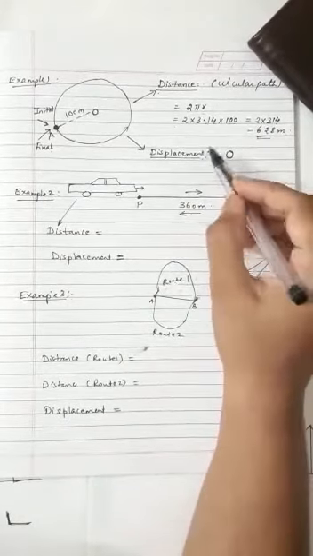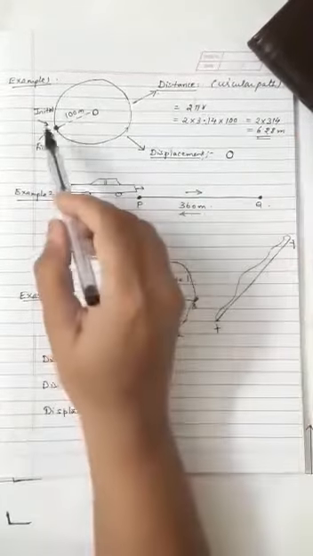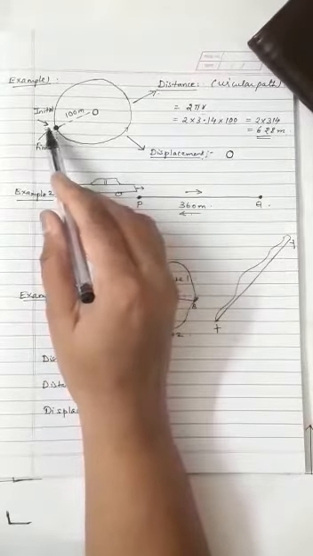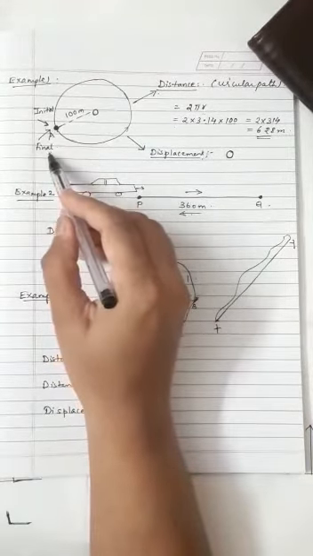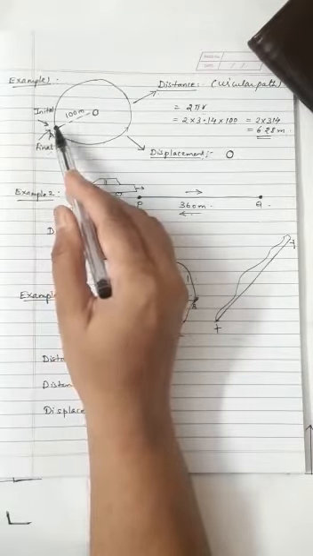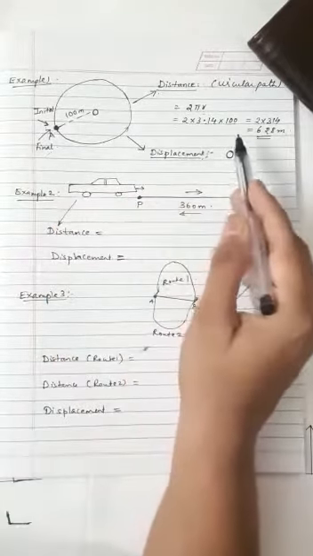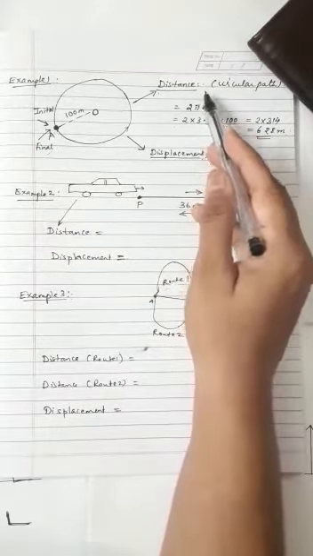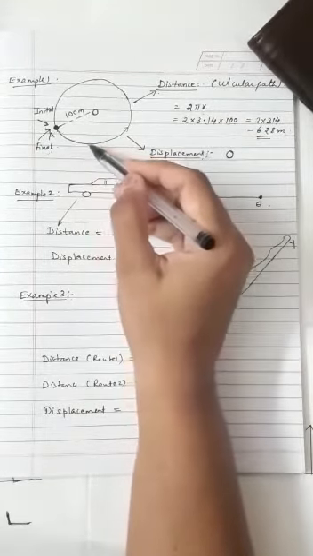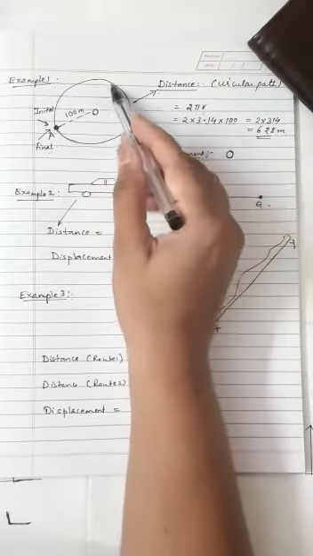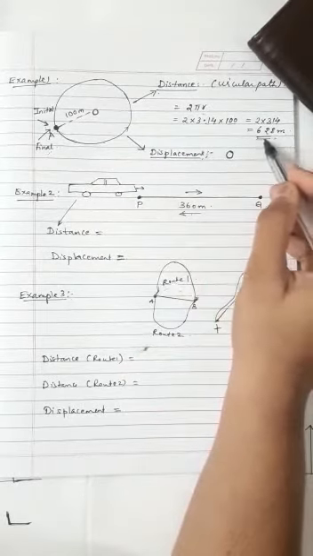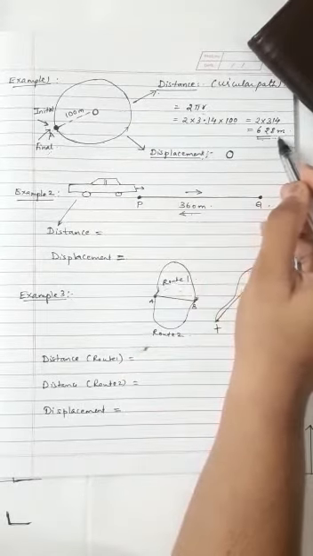In displacement, we require 2 points, the initial point and the final point. Here my initial point and my final point are the same. So my displacement is 0, whereas my distance, the actual path that I have travelled along the circular field, comes out to be 628 meters.